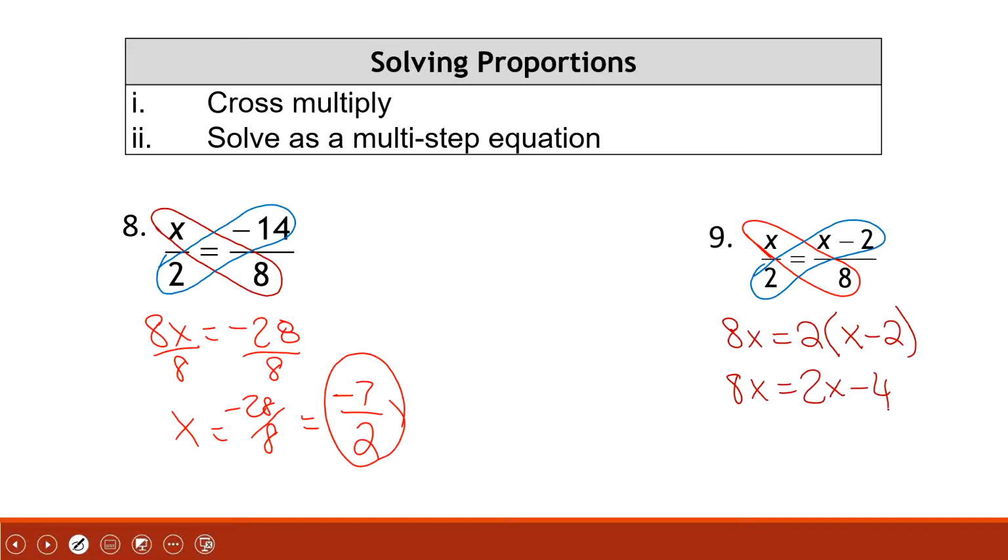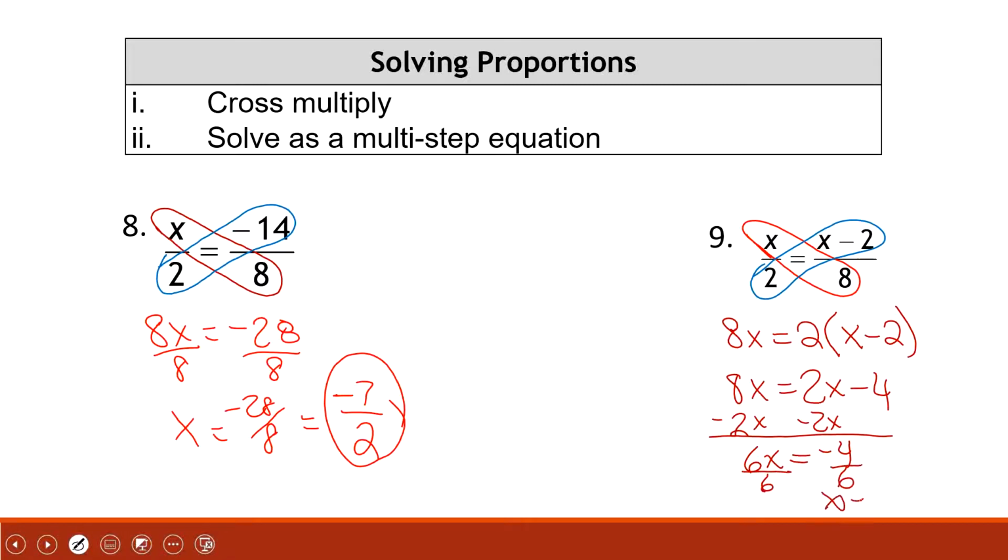So now just back to our multi-step equation solving process. I want to get the x's on one side, so I'm going to subtract 2x from both sides. I'm already off of the 2's. So I end up with 6x on one side equals negative 4. We're going to divide both sides by 6.